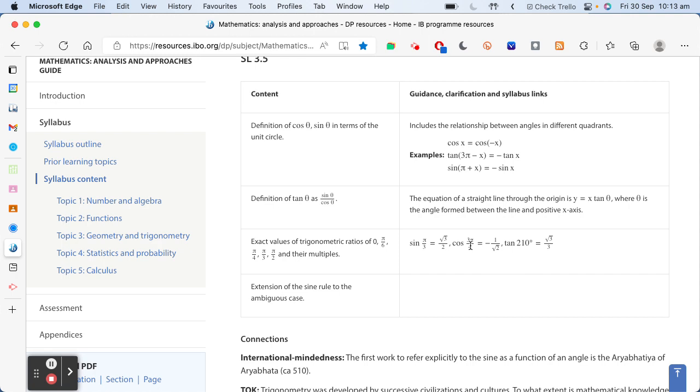If I have 2 sine 3x is equal to negative root 3, if that's the equation that you're given, then your job in a non-calculator section is to go, I need to make this into trig function equals value. So if I divide both sides by 2, I get sine 3x is equal to negative root 3 on 2.